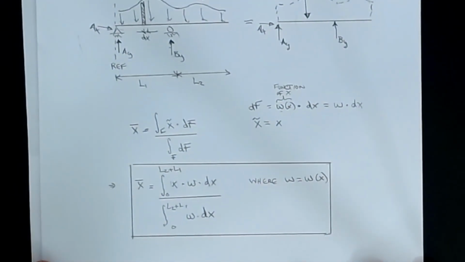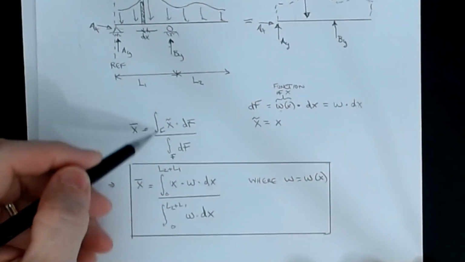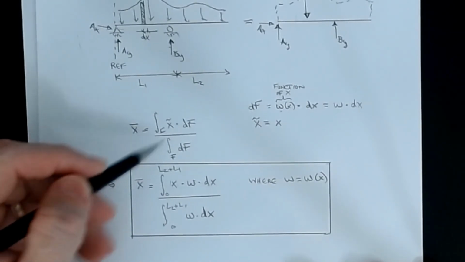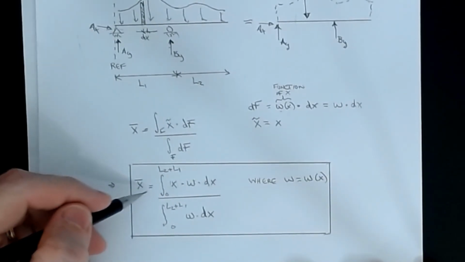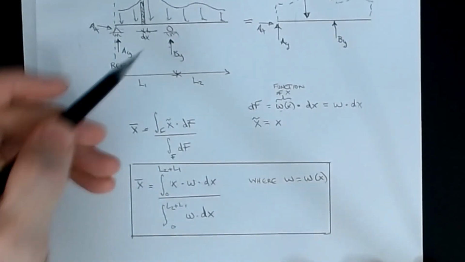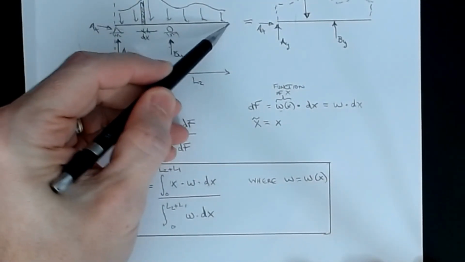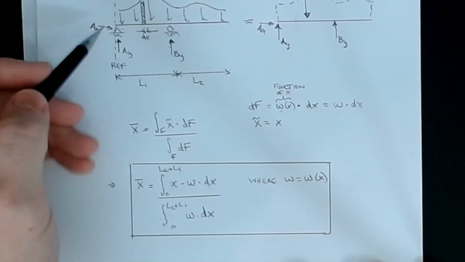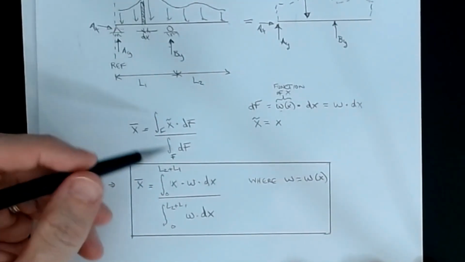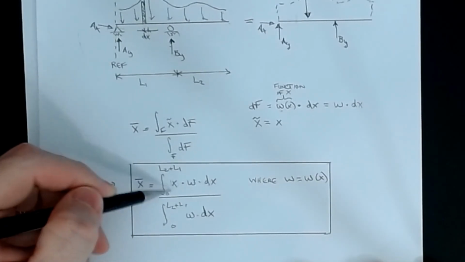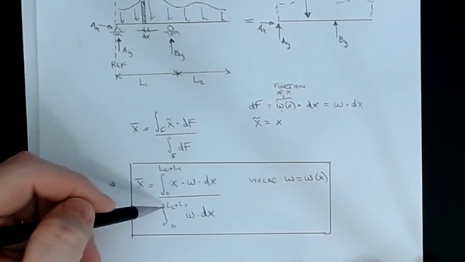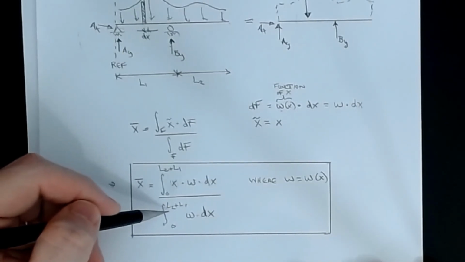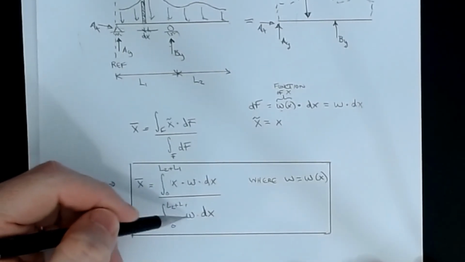So then we've converted from an integral over a force region into a linear integral in dx. All I have to do is write x bar is equal to the integral from the left end, 0, to L2 plus L1, basically the entire distance under the load, of x times w dot dx, all over the integral of the total area, or total force, which is the integral from 0 to L2 plus L1 of w dot dx.